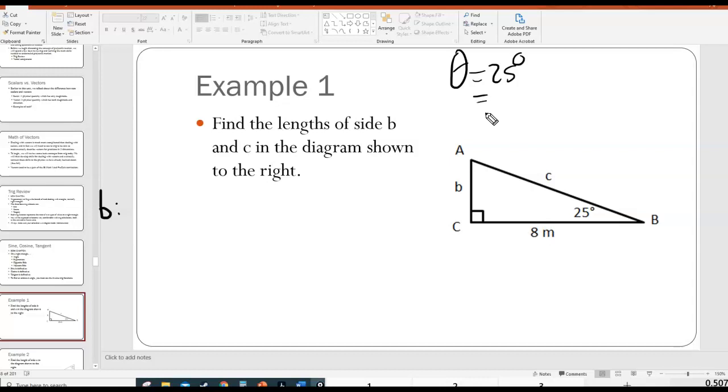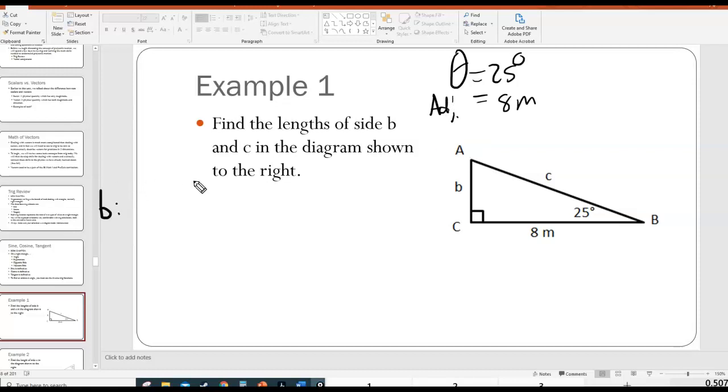Now, remember, there's only 3 sides on a right triangle relative to an angle: the opposite side, the adjacent side, and the hypotenuse. In this case, relative to this angle, this 8 meters is the adjacent side, because the opposite side is B and the hypotenuse is C. So I would label that 8 meters as the adjacent side.